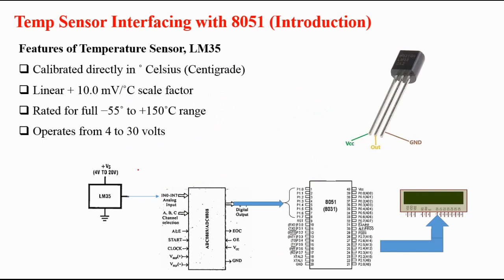In this diagram, we are expected to interface this LM35 to the ADC0808, and from the ADC0808 we will get the digital signal, that is an 8-bit digital signal, to the 8051, and then this 8051 will display the temperature on the LCD display.